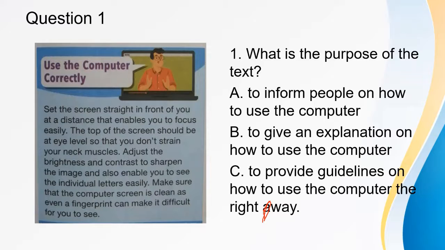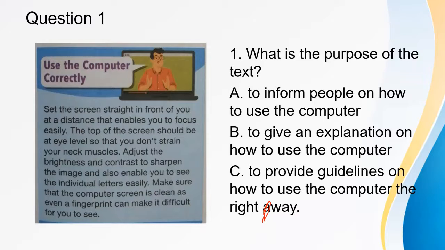Why do you say so? Don't you notice that the text here is about the do's and don'ts to use the computer correctly? You should do this, you should not do that. So what is your answer?